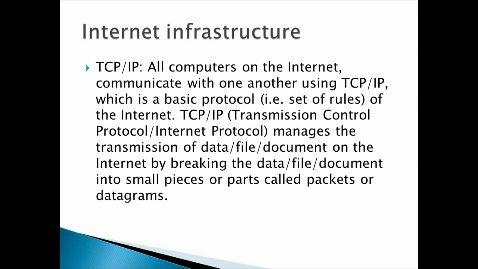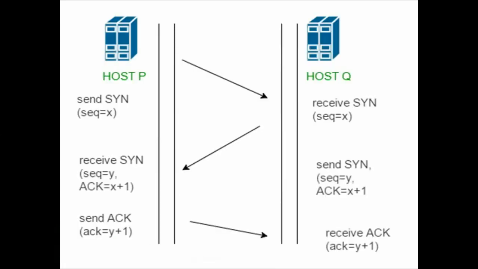On the internet, TCP/IP breaks the data into small pieces, and these small pieces are also known as packets or datagrams. This is how it will look. Suppose host P is the sender and host Q is the receiver. First, host P will send a synchronized signal, SYN, which will be received by host Q. This is before actually sending a message, when the connection is established.